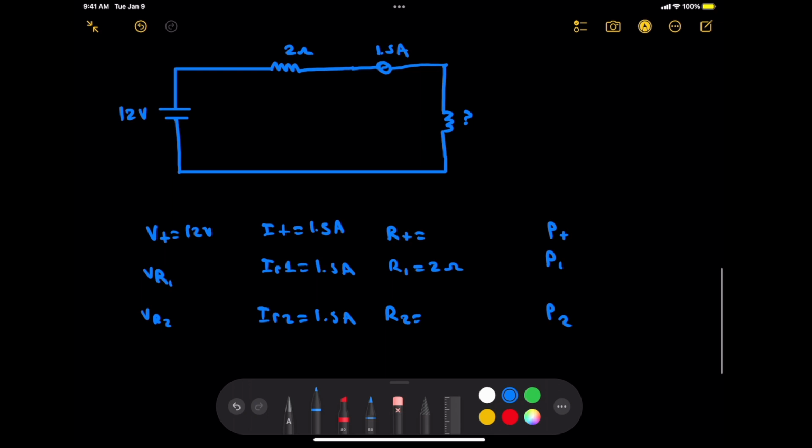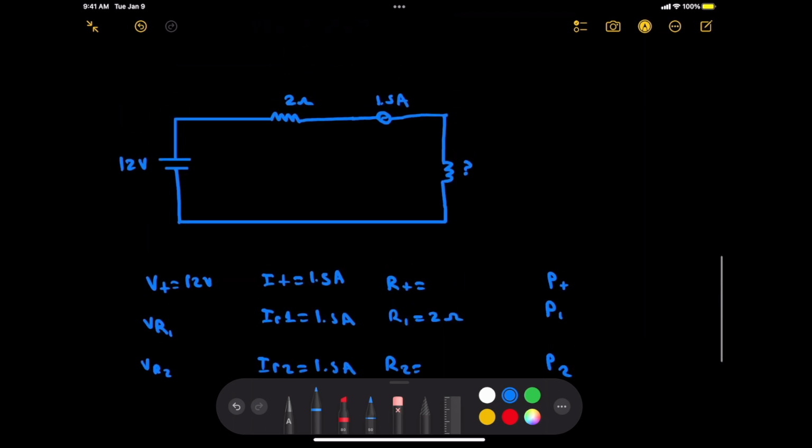So we can look at what we have and see that we have the voltage total and the current total. And going back to our little chart right here, V, I, and R, we're looking for resistance. So let's just circle that in red. So like we did before, we're just going to cover it up. And if we divide our voltage by the current, we should be able to find the resistance total.